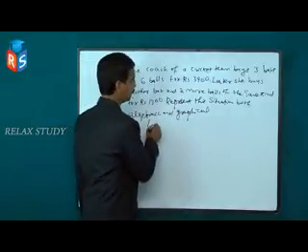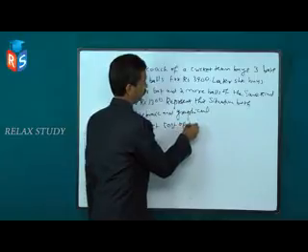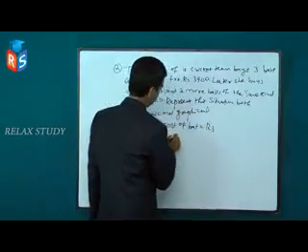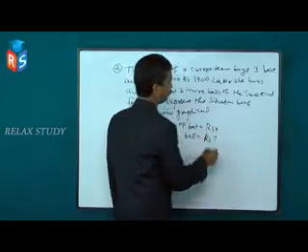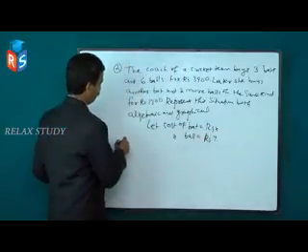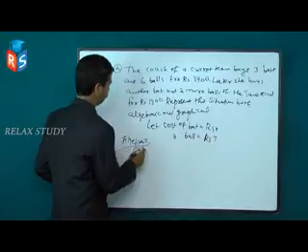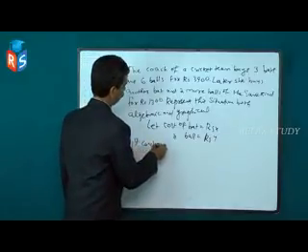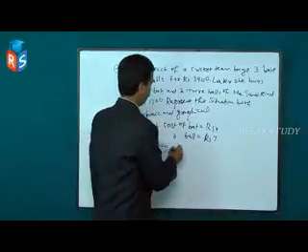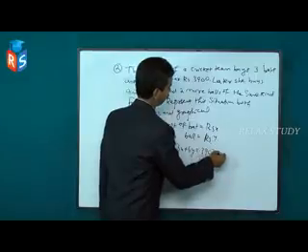Solution. Let the cost of a bat equal rupees x and the cost of a ball rupees y. First, the algebraic conditions. First condition, 3x plus 6y equals 3900.